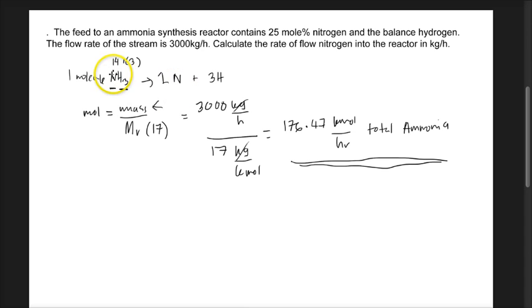If 1 mole of ammonia contained 2 or 3 moles of nitrogen, then you would have to consider the ratio of hydrogen and nitrogen in there. But in this case, the amount of ammonia is the same amount of nitrogen in terms of mole. So we have 176.47 kilomole per hour of nitrogen.